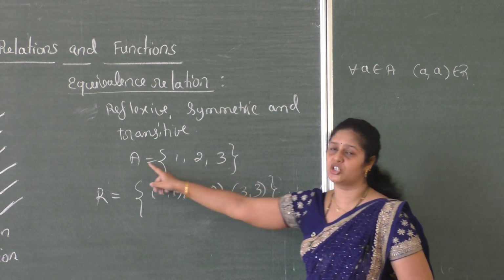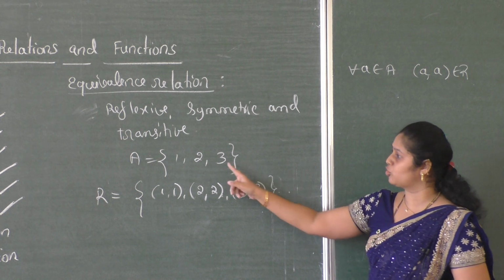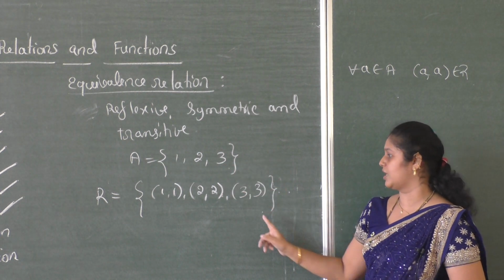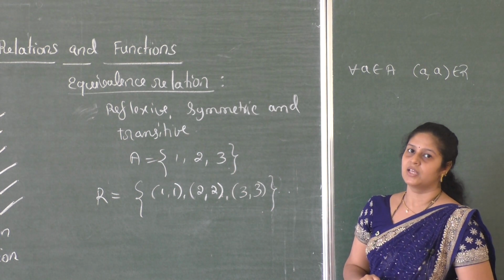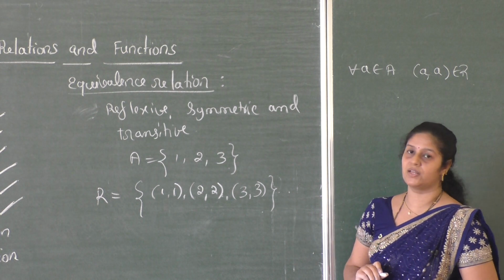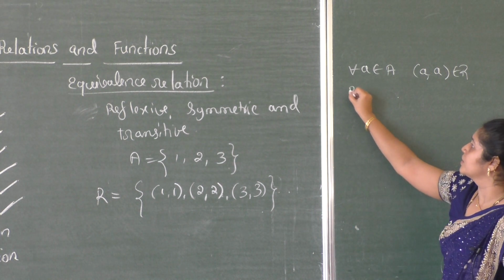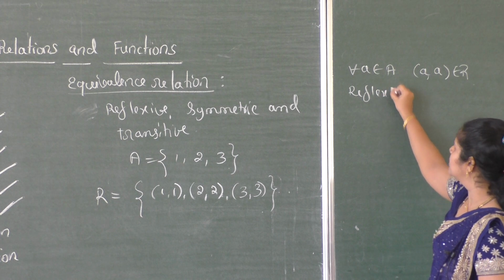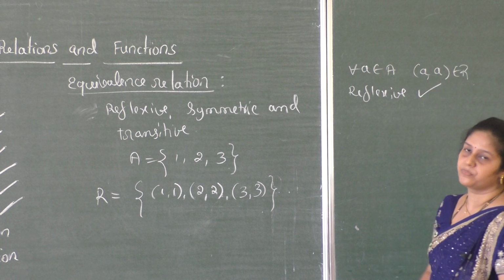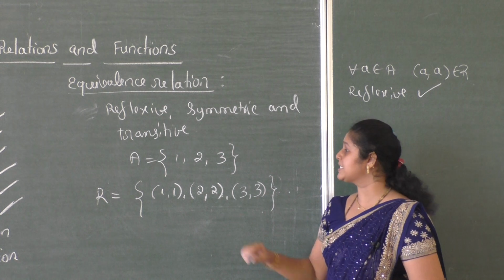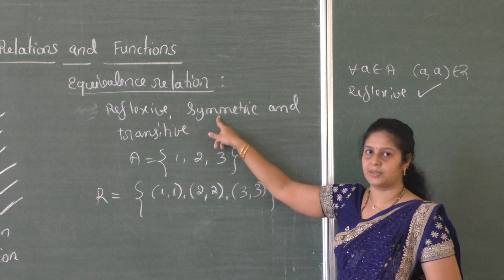Similarly 3 is an element of A, so (3,3) should be in R, so (3,3) is there. Therefore this relation is reflexive relation.